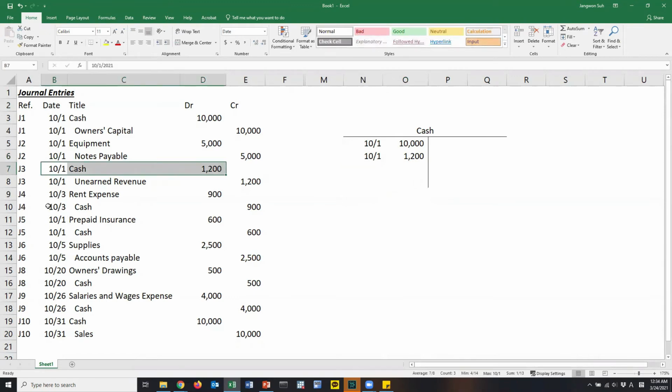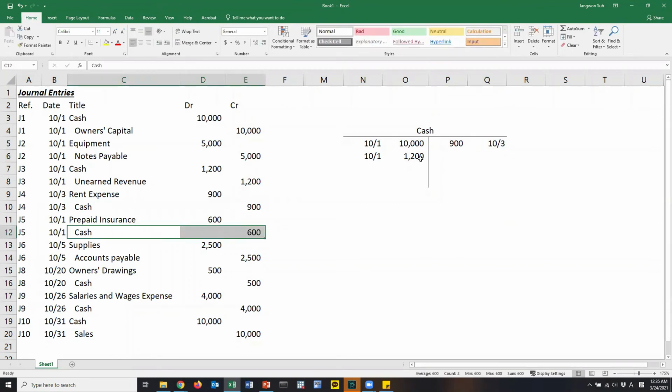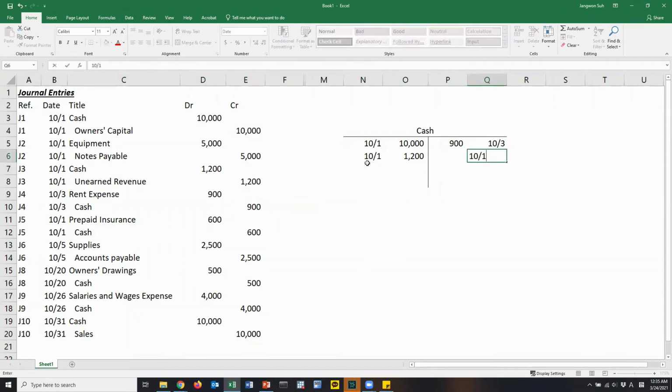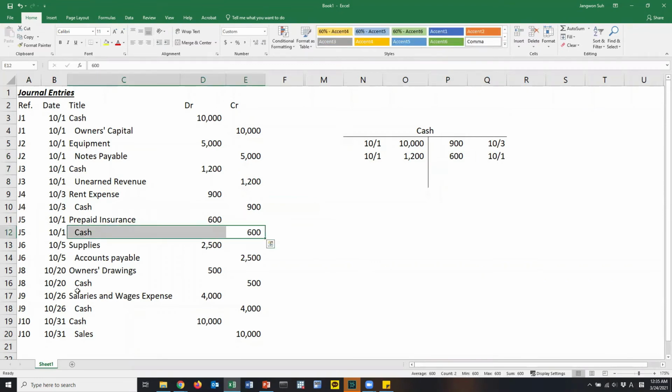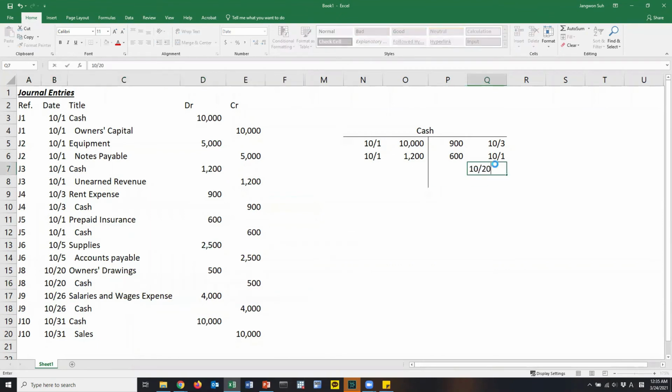And then we have here cash credit this time. And the date is October 3rd. And then on October 1st, again, 600 cash credited. And then here, October 20th, cash 500 credited.